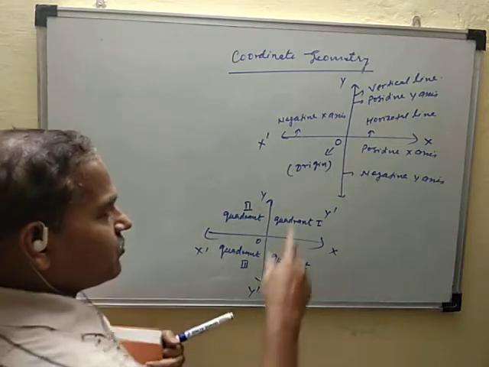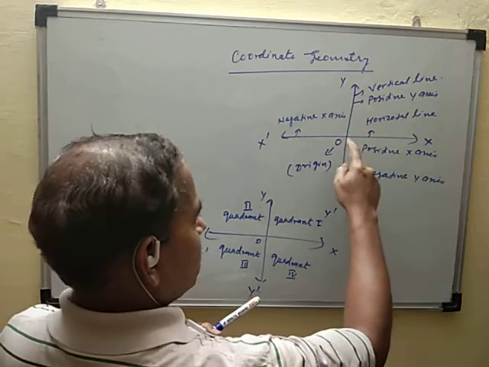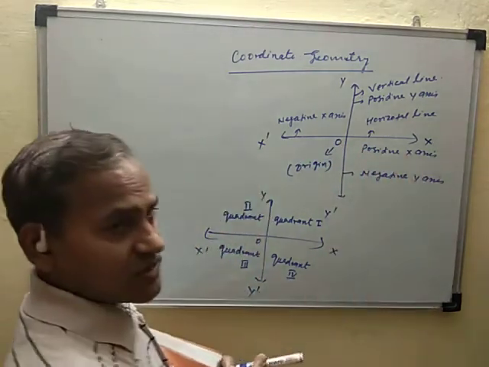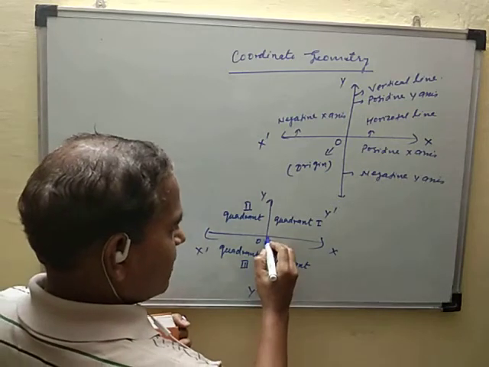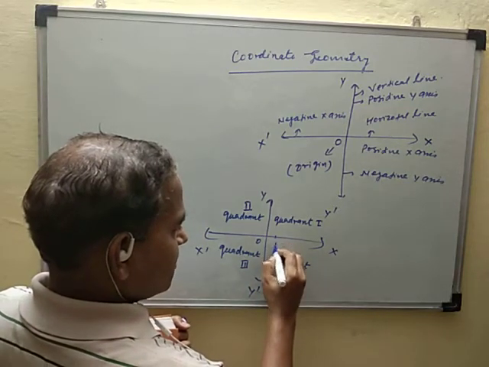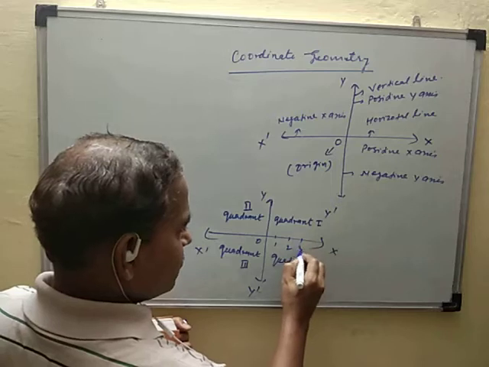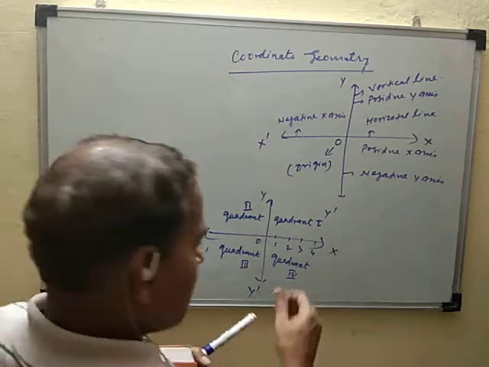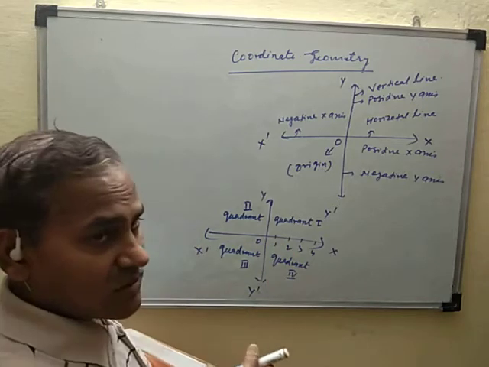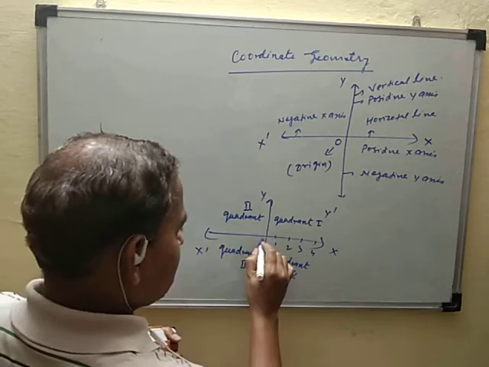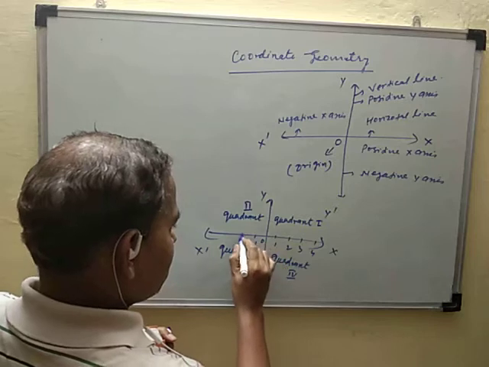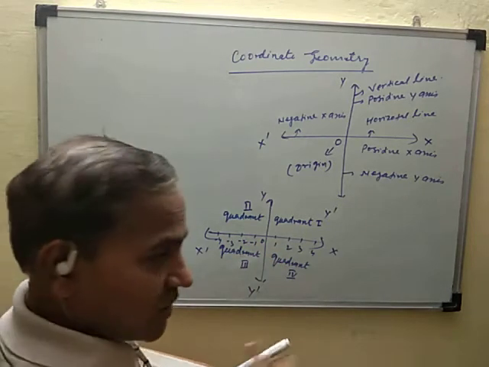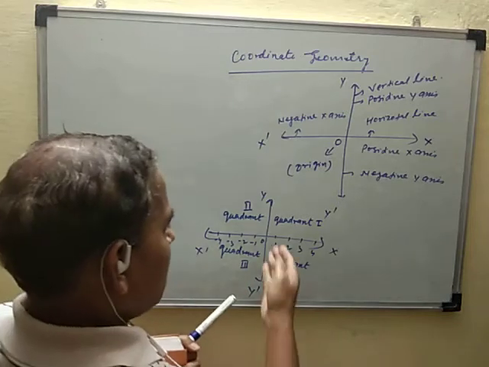We already know that from the origin to the right side is the positive x-axis, with points 1, 2, 3, 4 and so on. From the left, the negative x-axis, you write -1, -2, -3, -4 and so on.